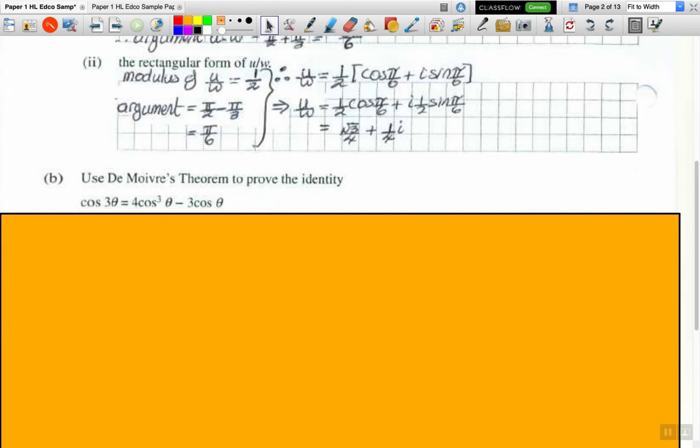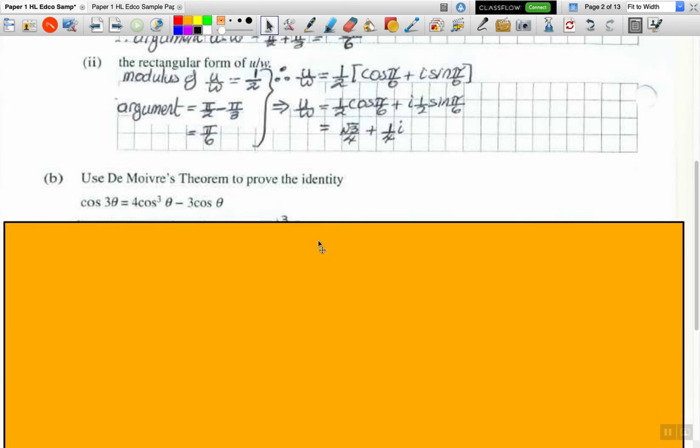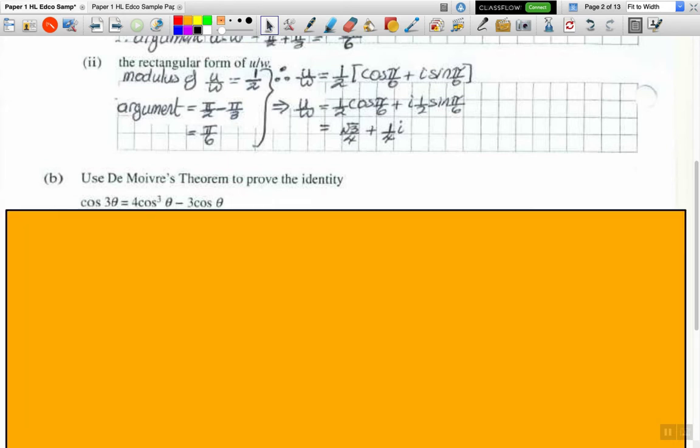So the first thing is, when they gave you cos 3 theta, you had to recognize that cos 3 theta, when linked with complex form, can be linked with i sine 3 theta.